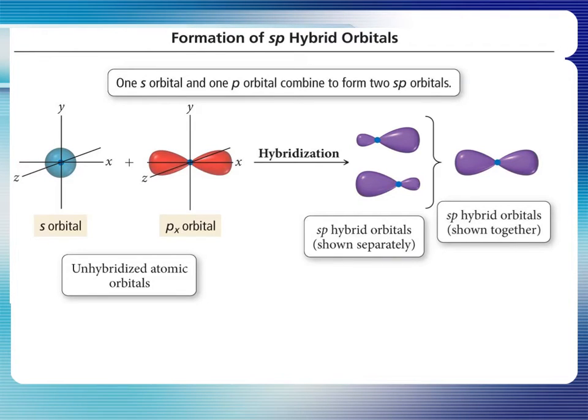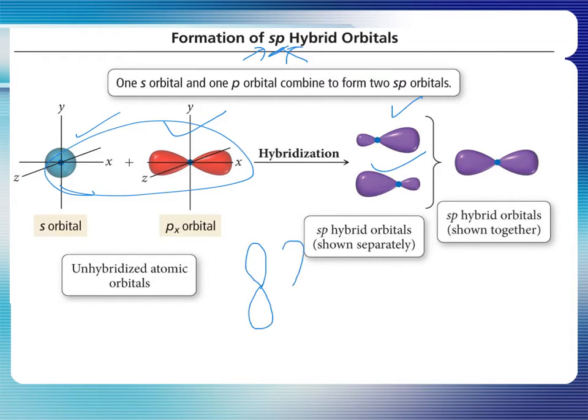All right, we did sp3, we did sp2, so now we're going to do sp. So sp, just like you might expect, is made from one s and one p orbital. We start with two orbitals, we end with two orbitals. And we have two p orbitals left over that we did not use to make the hybrids.